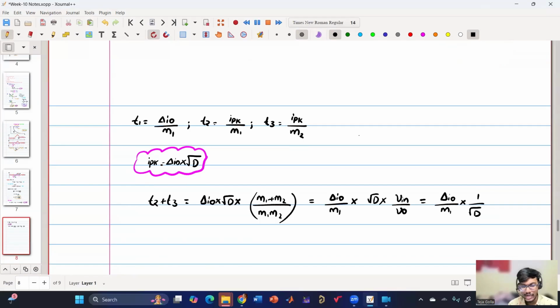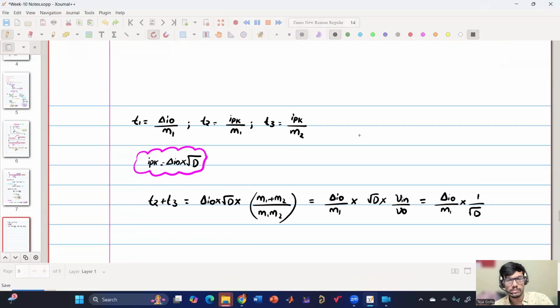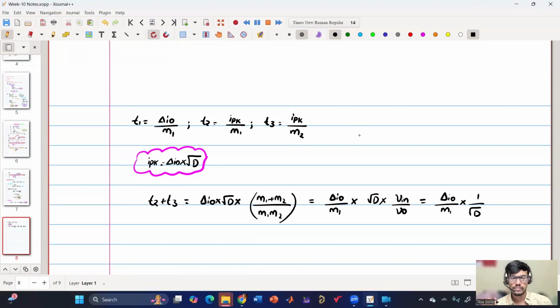I have taken M1 aside because T1 also has M1, so that it will make the calculation simpler. I have only basically calculated M1 plus M2 by M2. M1 plus M2 is V in by L, M2 is V naught by L. So L will get cancelled, it will become V in by V naught. Is that clear?